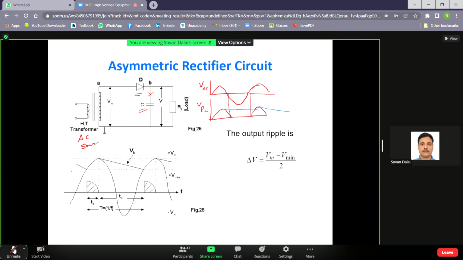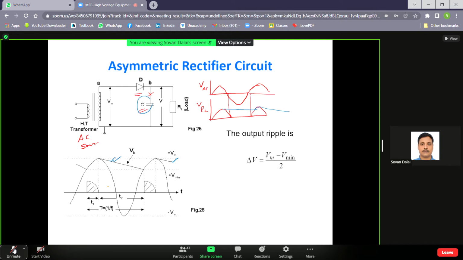So this is basically the correct voltage across the load in the presence of the capacitor. The capacitor is responsible for providing a more or less flat DC across the load, and that output voltage across the load also depends upon the value of the capacitor.